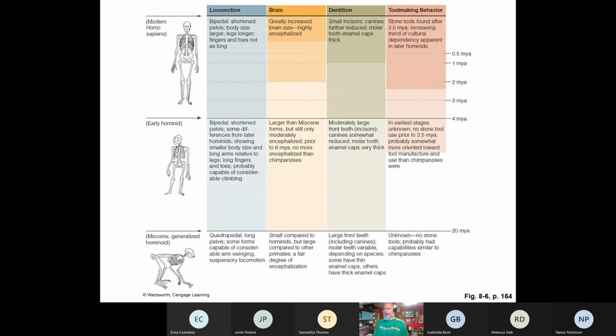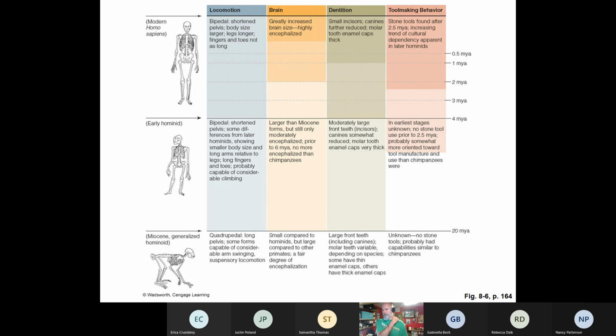So what we have been talking about up to this point in the last class has been looking at the mosaic of the evolutionary traits, the morphological traits, that have evolved from this Miocene generalized hominoid that we look at the very bottom at 20 million years ago.